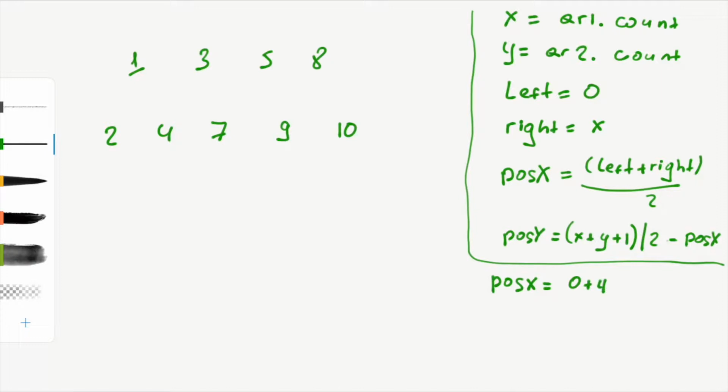So we have 4 elements. Divide by 2 is going to be equal to 2. And the position y is going to be x plus y plus 1, which is 4 plus 5 plus 1, 10. Divide by 2, and minus position x, which is 2. So we have 5 minus 2 is going to be equal to 3.